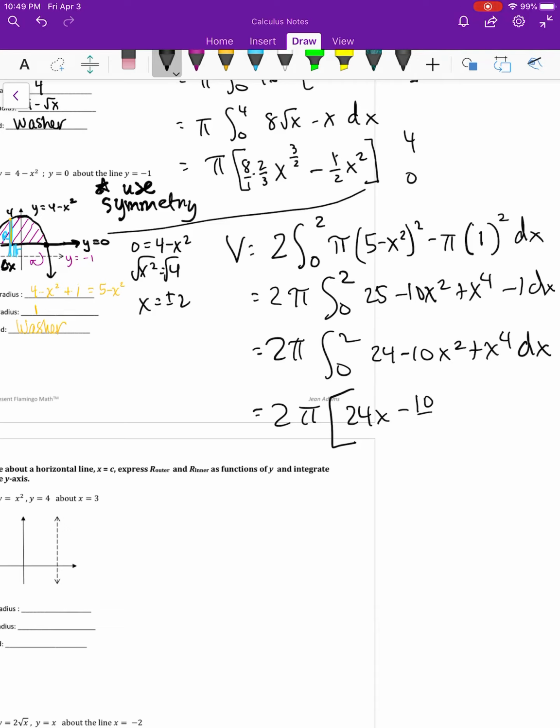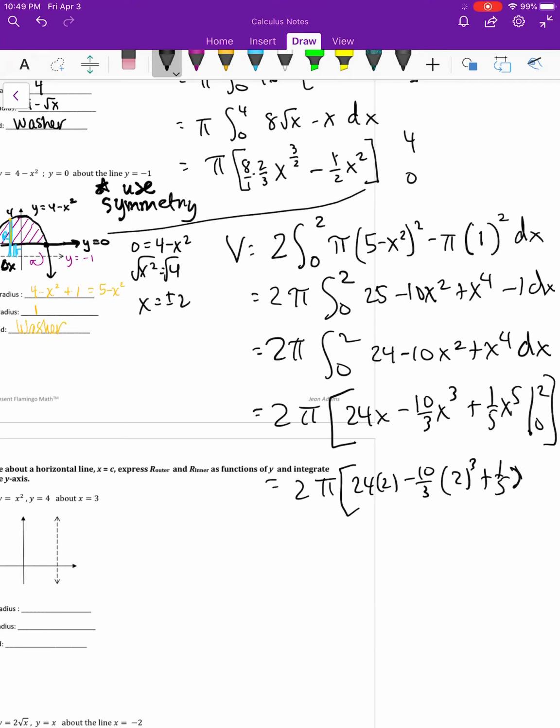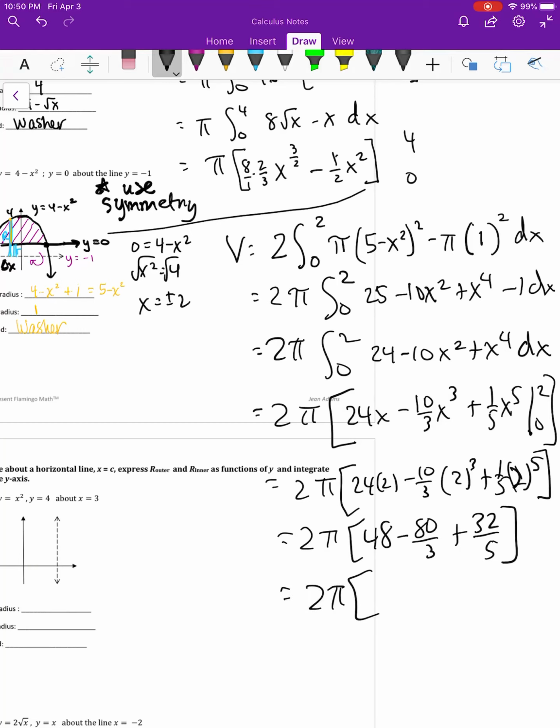Now we're going to integrate: 24x minus 10 thirds x cubed plus 1/5 x to the 5th from 0 to 2. So 24 times 2 minus 10 thirds times 2 cubed plus 1/5 times 2 to the 5th, and then minus 0 would give us 0. 48 minus 80 thirds plus 32 fifths.